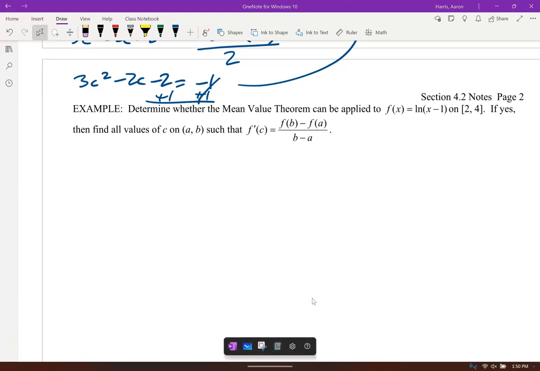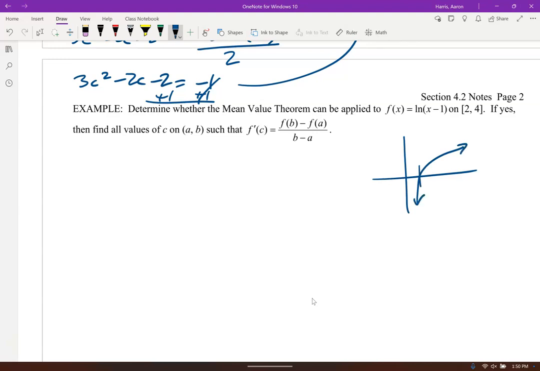All right, let's keep going. Can it be applied on this one as we go from 2 to 4? Well, here's the natural log of x. We're just shifting this natural log of x 1 to the right. Is it continuous from 2 to 4? Yeah, here's 2, here's 4. It's continuous and smooth.